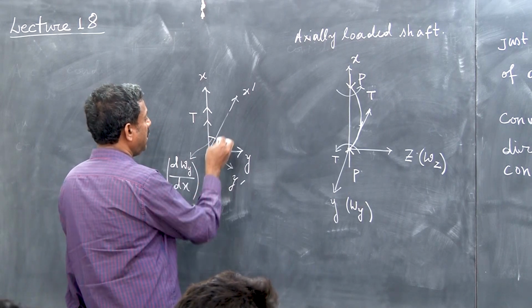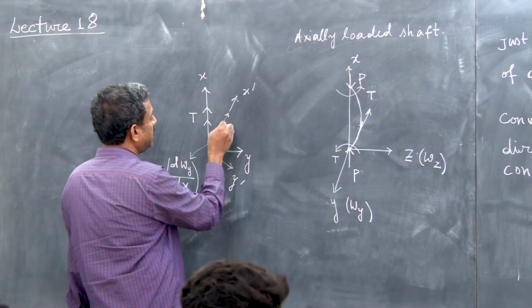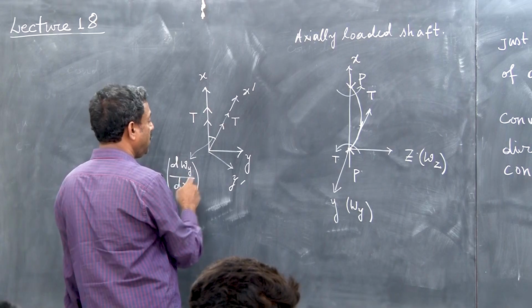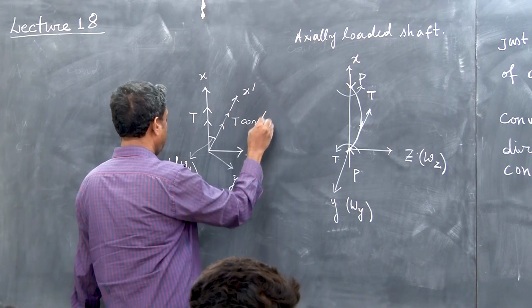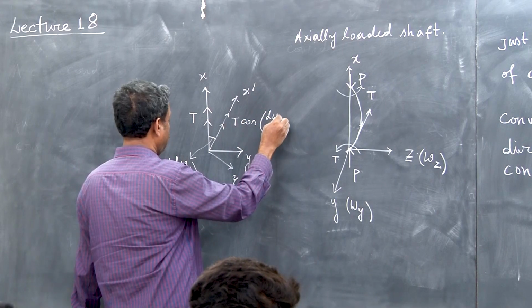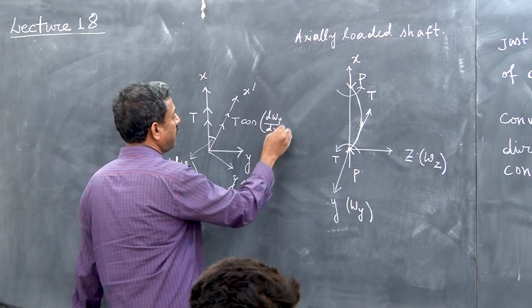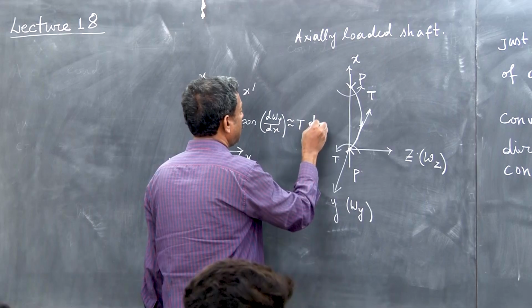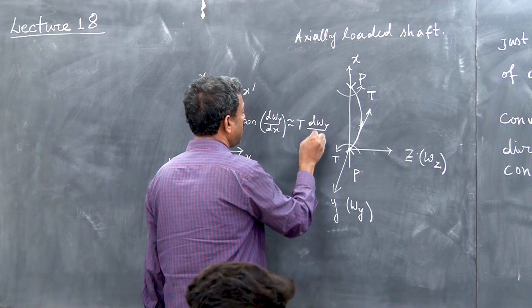Now you can see this is nothing but T cosine of dWy by dx.